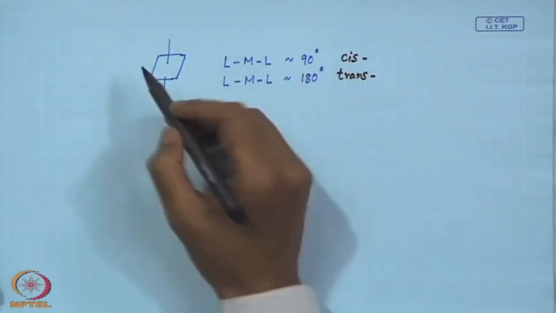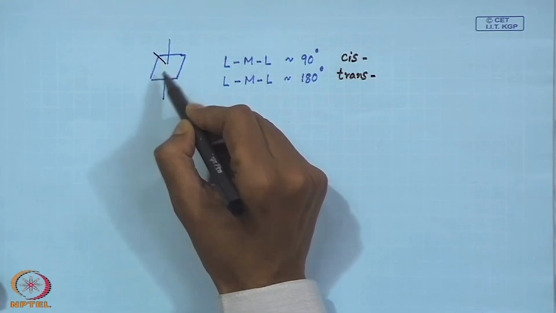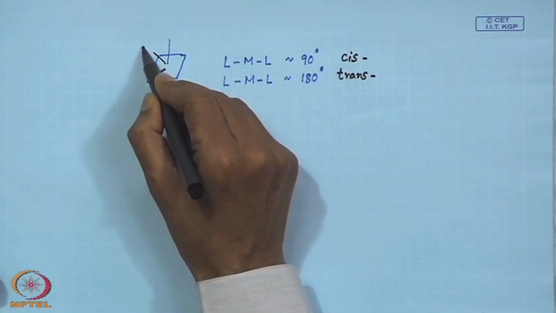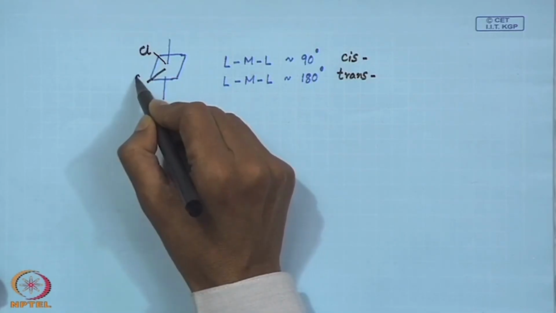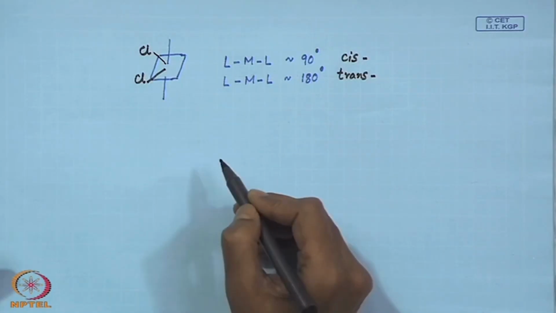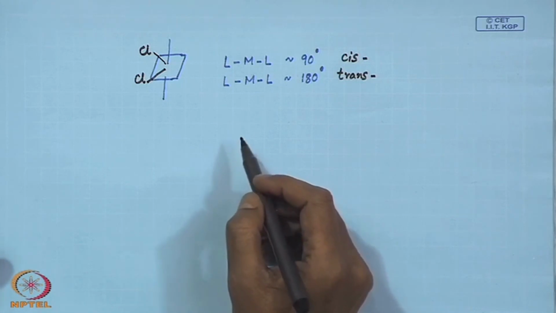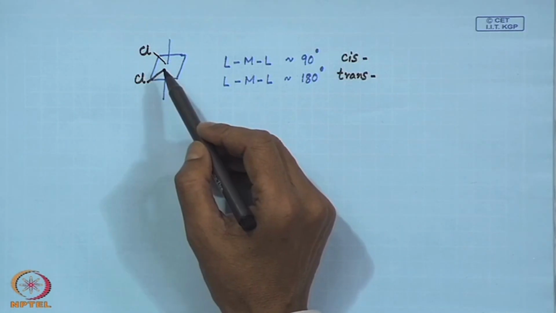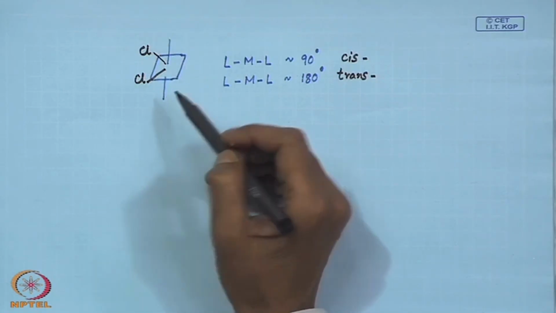That means when we have two adjacent ligands, say these two are chloride, for any octahedral compound, if we simply look at these two positions only, we are not looking at anything else.